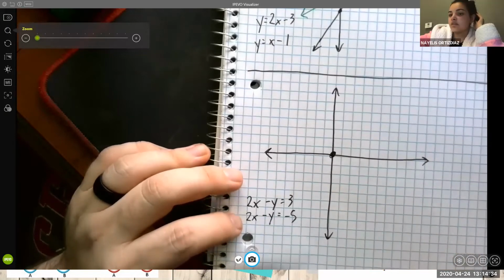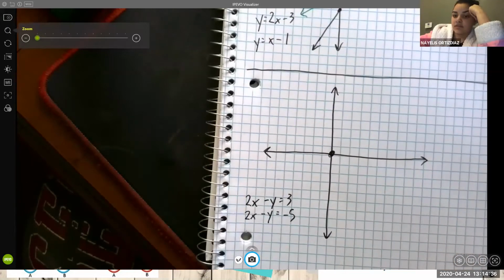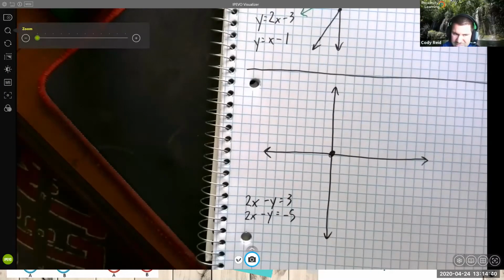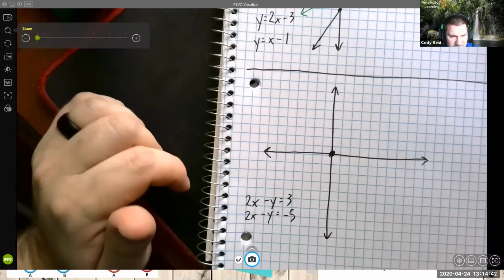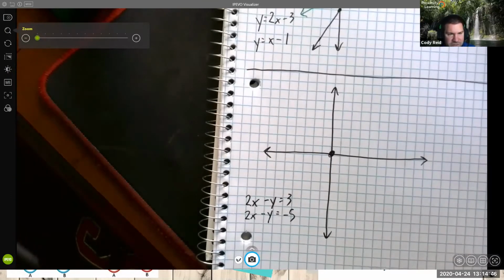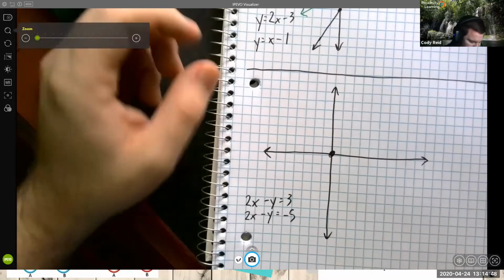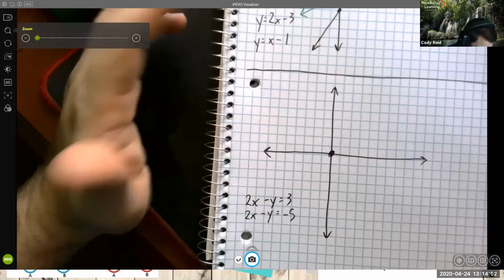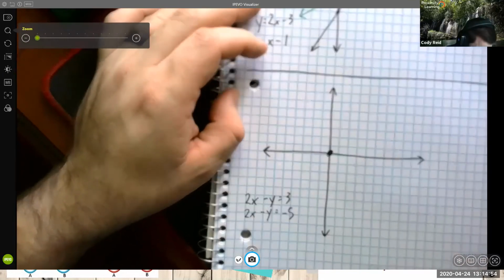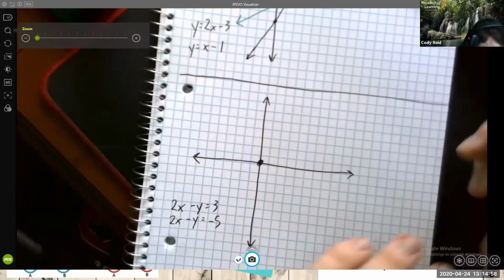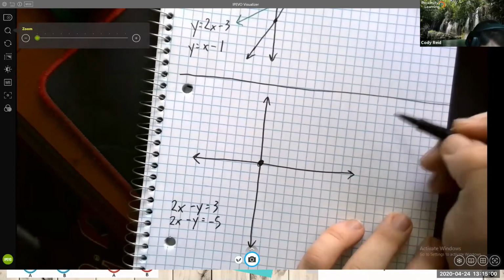Do you have to get the y by itself with the x by itself? The y by itself. Okay. So there's like 4 ways you can do this. The easiest way I've discovered, because I can't remember all the other steps, is just getting y by itself. So to get y by itself, you would subtract 2x from both sides.